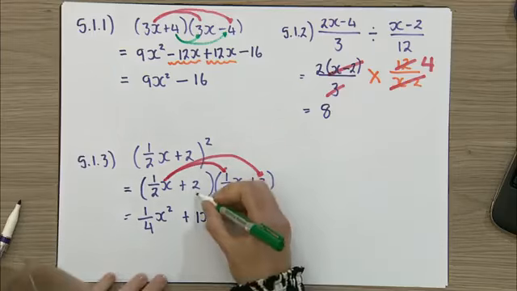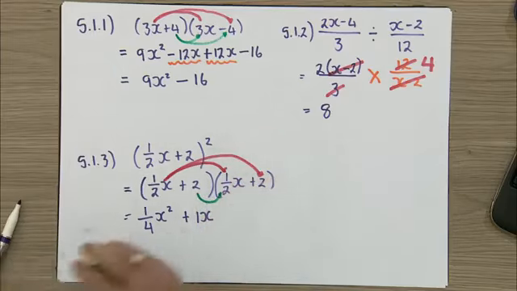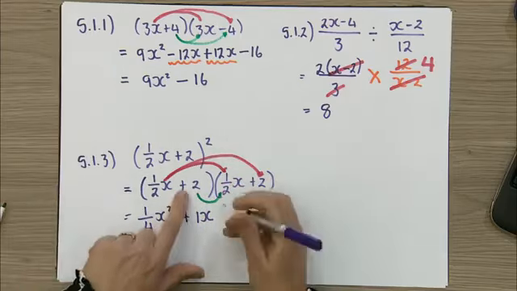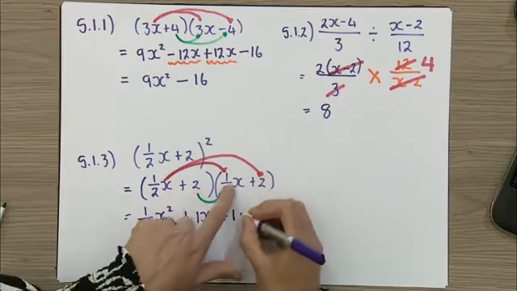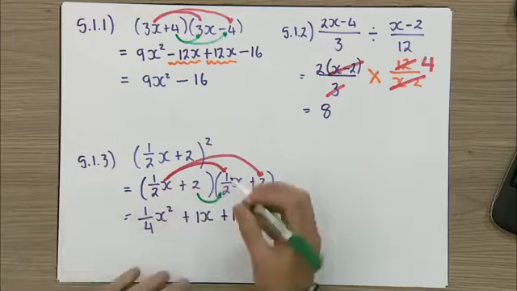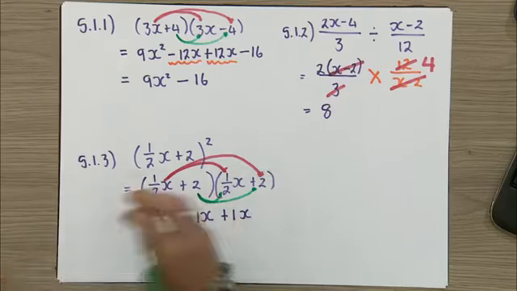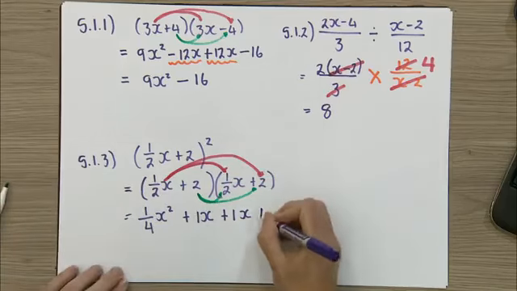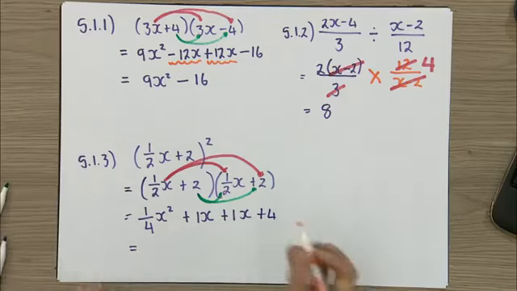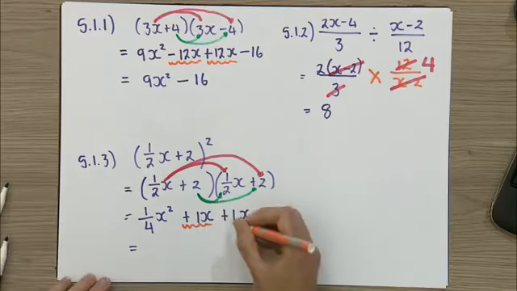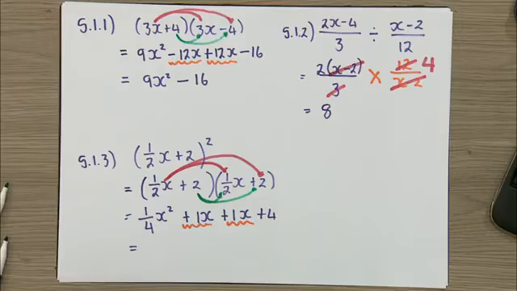Now, next step. Positive 2 times a half. A positive times a positive is a positive. 2 times a half is 1x. Last step. Positive 2 times positive 2 is positive 4. Let's go look for our like terms. My like terms, plus 1x, plus 1x.